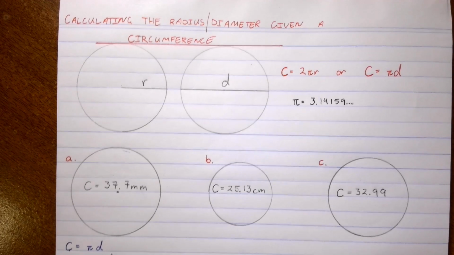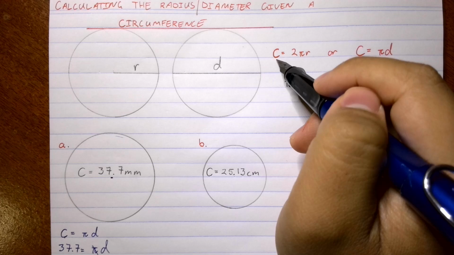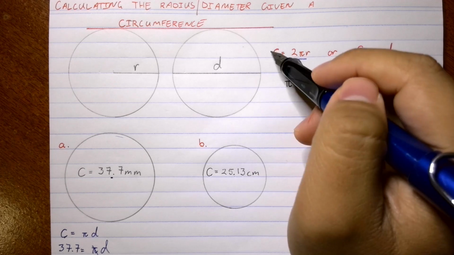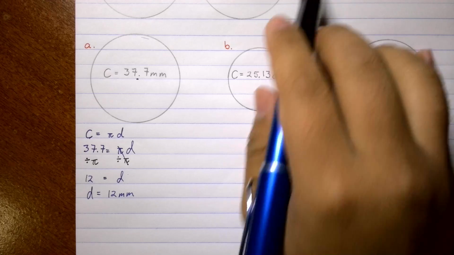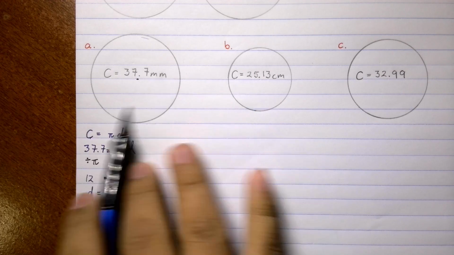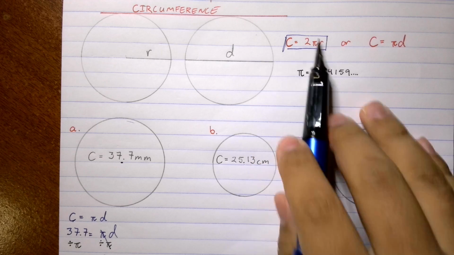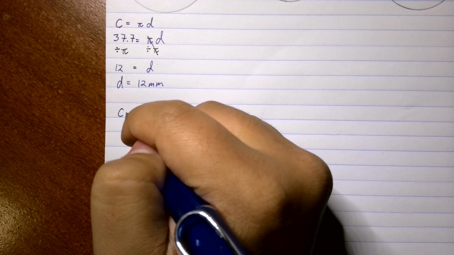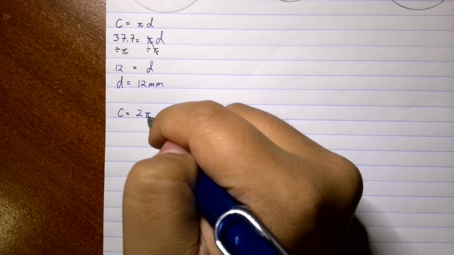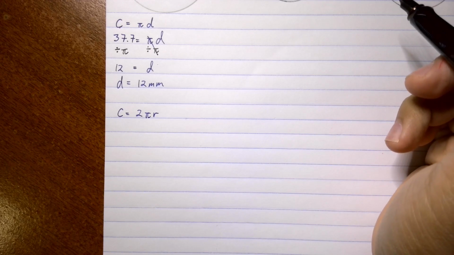Now at this point, I'd like to demonstrate that we can use the circumference also to calculate the radius of this circle. So let's first write this equation down. C is equal to 2 pi r.